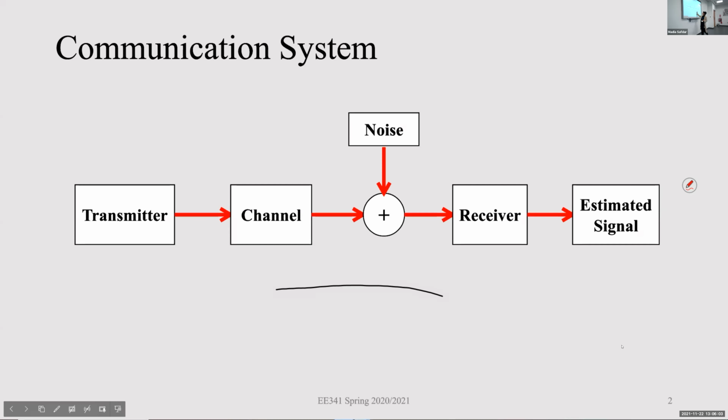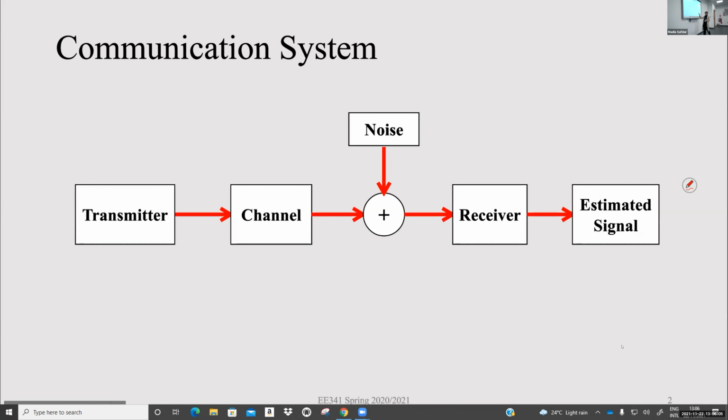The same things we do in modulation: we have one signal, the message x_m(t), then we have x_c(t), the carrier. We multiply them and pass through the channel, and then at the receiver we filter it out, and we get this estimated signal of information. This is the modulation process.